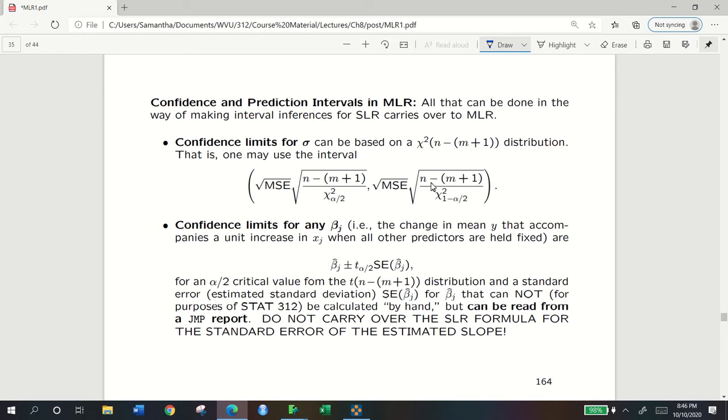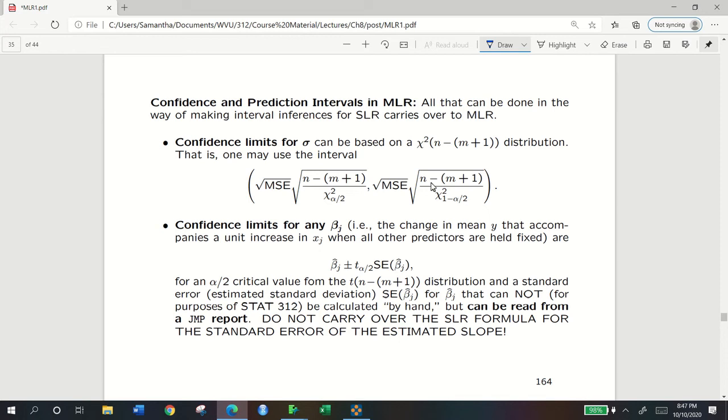When it was simple linear regression, it would have been the chi-square distribution with n minus 2. And we will use the interval from the root mean squared error multiplied by the square root of the degrees of freedom over the chi-squared value at alpha over 2, to the upper limit of the root mean squared error multiplied by the square root of the degrees of freedom for the sum of squares error over the chi-squared value at 1 minus alpha over 2.